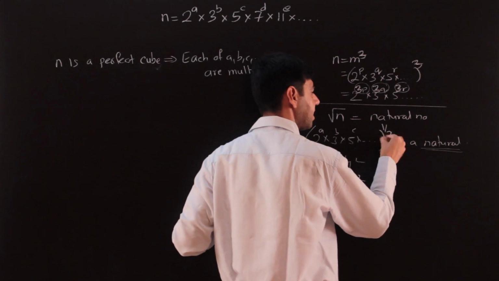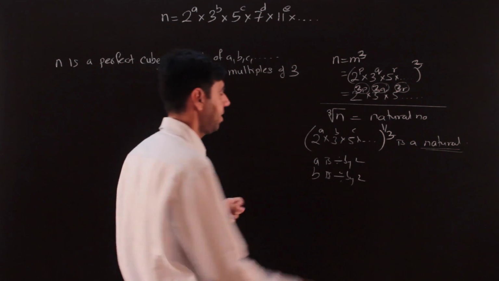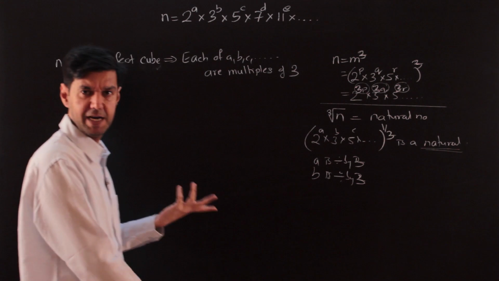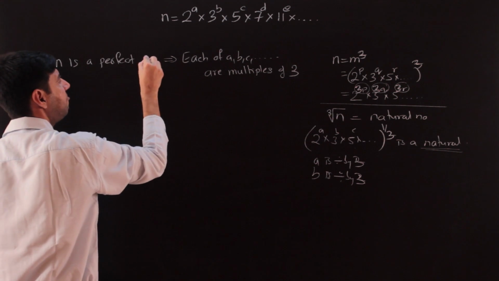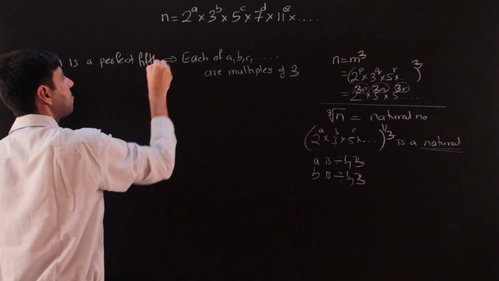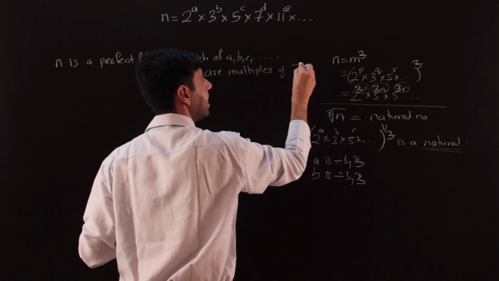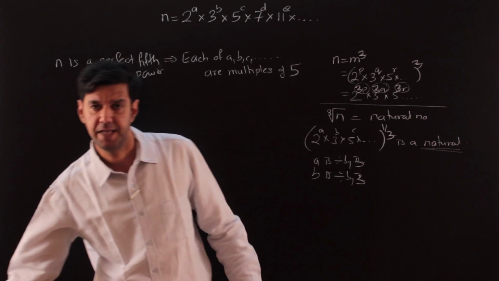Here I am going to take the cube root. Cube root of n is n raised to 1 by 3. So a has to be divisible by 3, b has to be divisible by 3. And if you get the logic, for a perfect fifth power, all the indexes have to be multiples of 5. I'm not doing it out over here. Hope you get the logic.